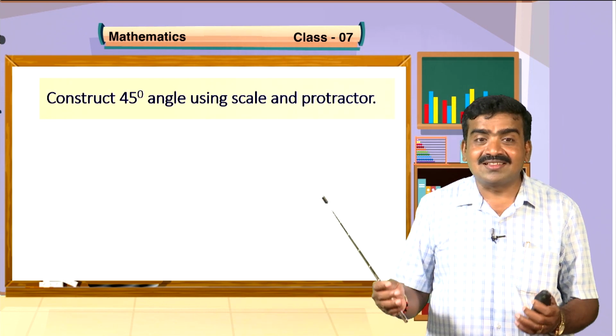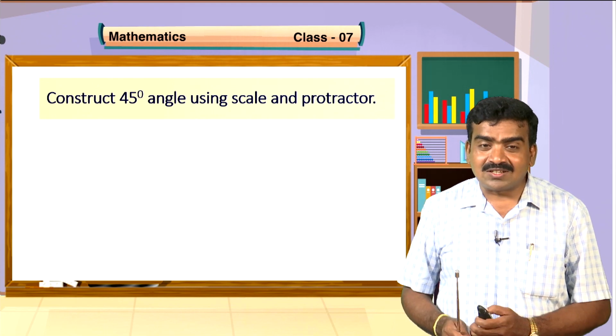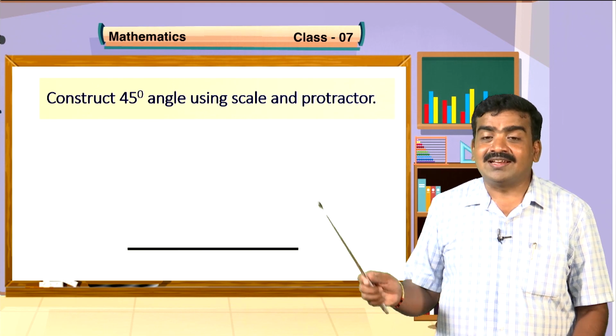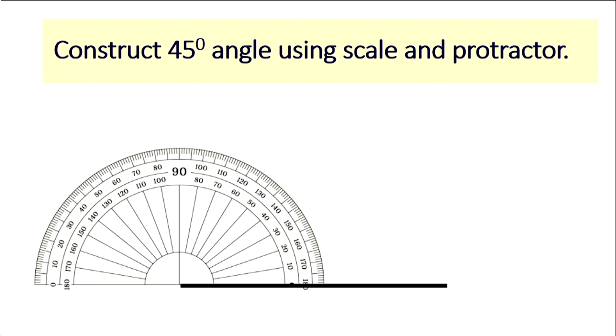Let us construct another angle which measures 45 degree. How to construct the 45 degree angle? You are telling correct. You have to draw the line first and keep the protractor like this. Now, the protractor is towards the left of the line. So, therefore, what do we have to do? We have to take the measurement of the angle from the right side of the protractor.